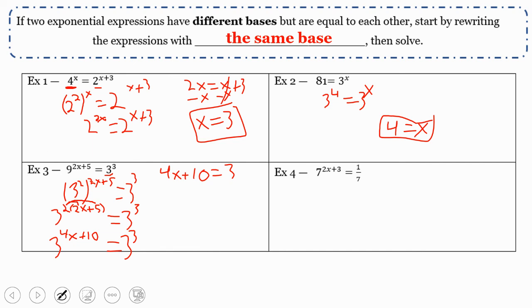So I'm trying to isolate x, so I'll get rid of this 10. It's a positive number, so I will subtract to do the opposite. 4x equals negative 7, and then I can divide both sides by 4. And I'm just going to leave this in fraction form. If you were to actually divide that out, it would come out to negative 1.75. But I'm fine with us just leaving it as a fraction.